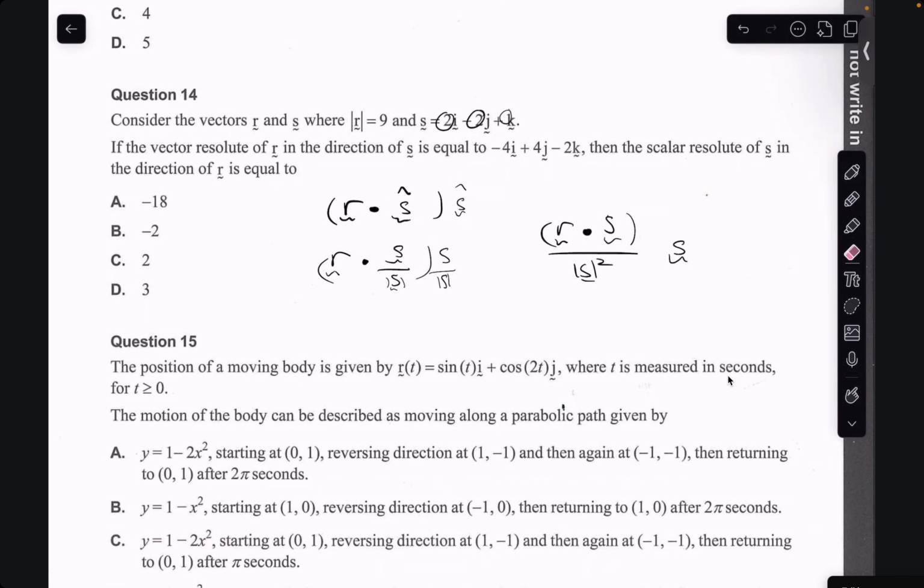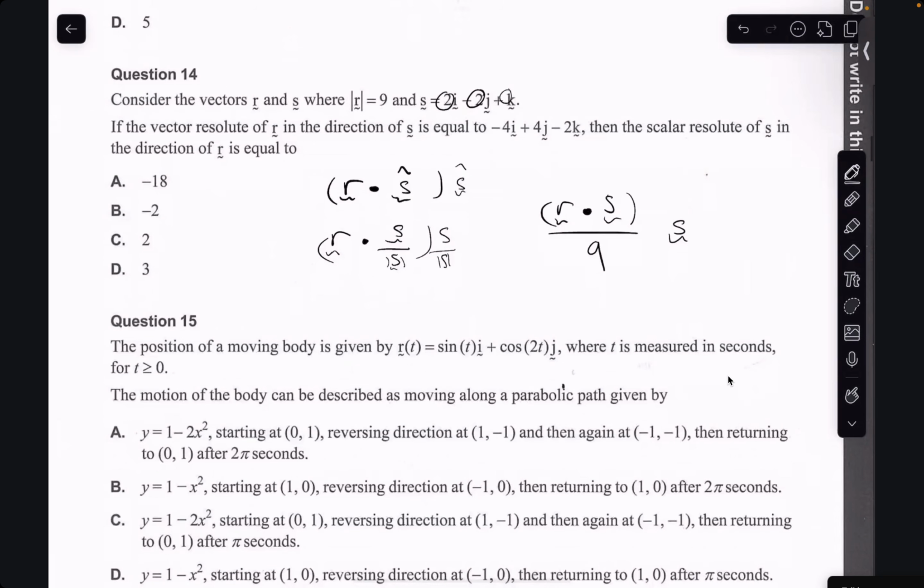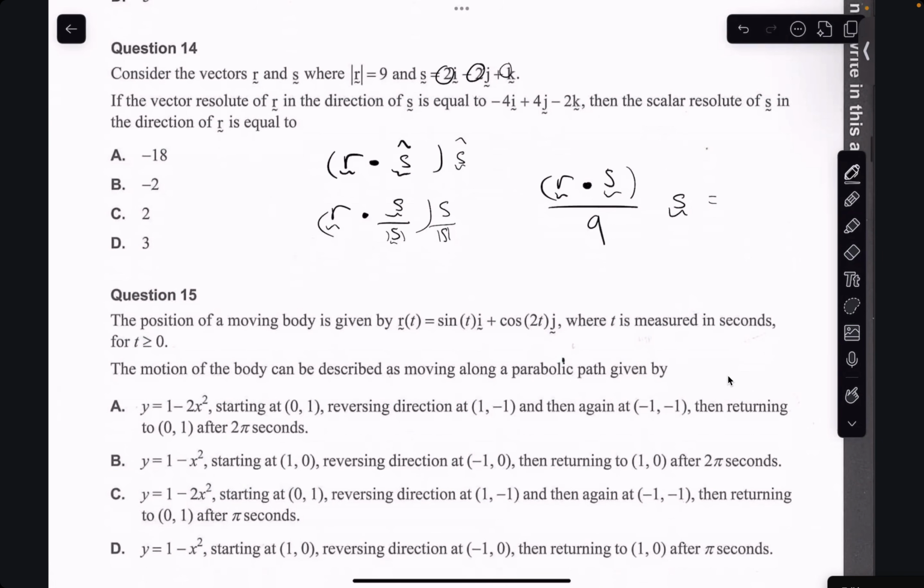So that's 9. And that's equal to, we just want this, right?